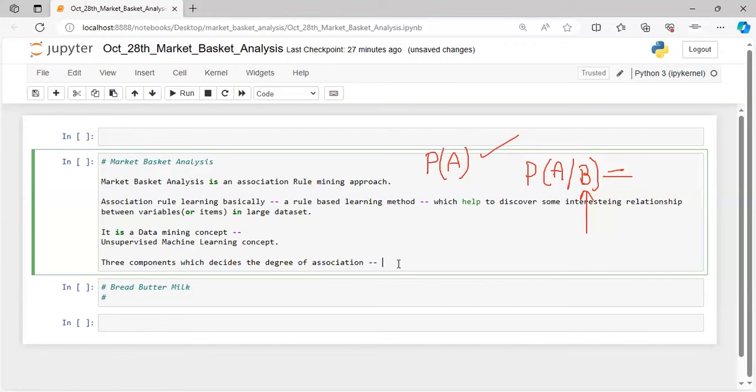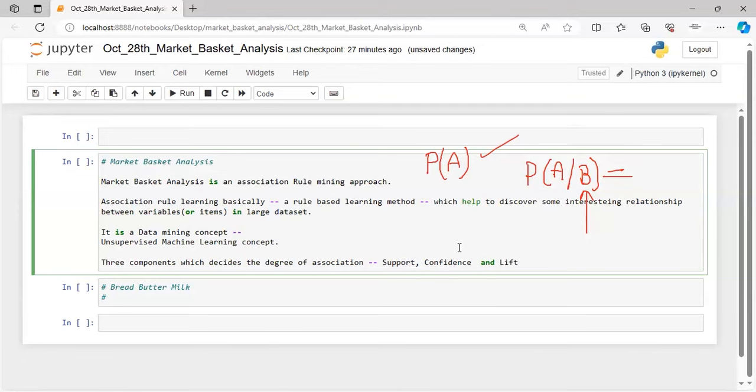That also we'll discuss. That is called support, confidence, and lift. So what are all these terms? We'll see: support, confidence, and lift.